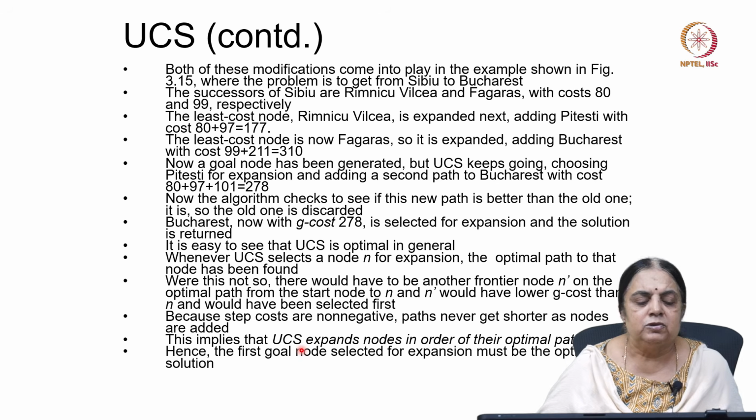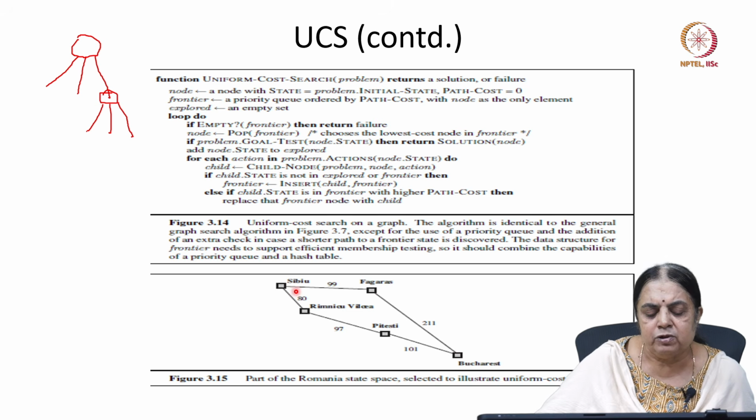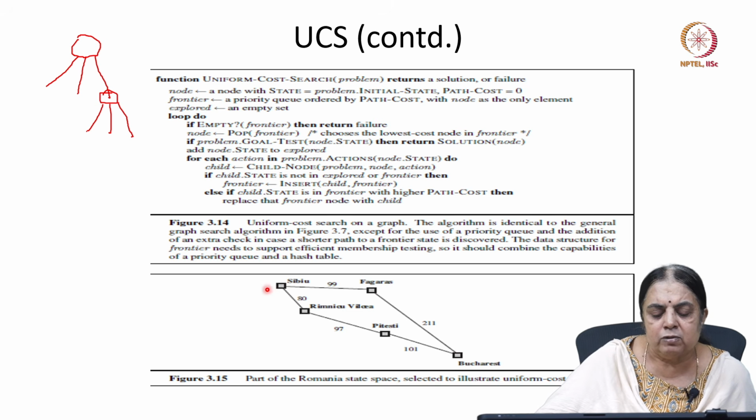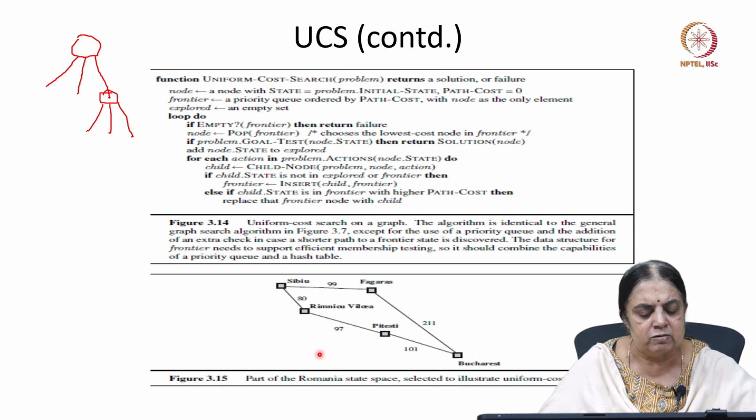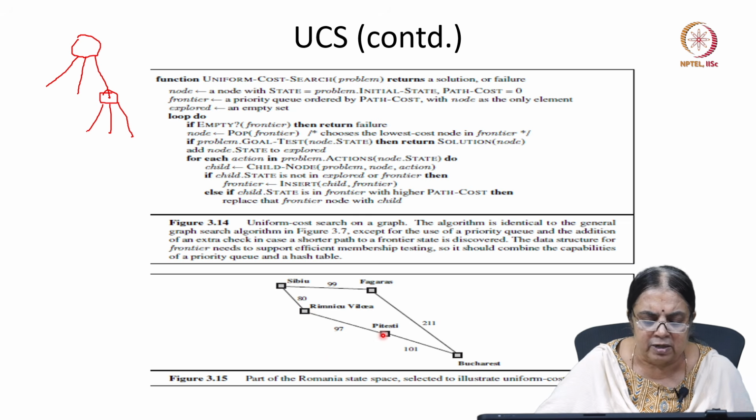You have the example shown over here. You are expanding this to get these two nodes, and because this has a smaller value than this, you are going to choose this one for expansion, and you are going to get this node. So this will be 97 plus 80. But once you do this, you see that 99 is smaller than 80 plus 97, so you are going to expand this one. Since you are going from Sibiu to Bucharest, this will be your goal state.